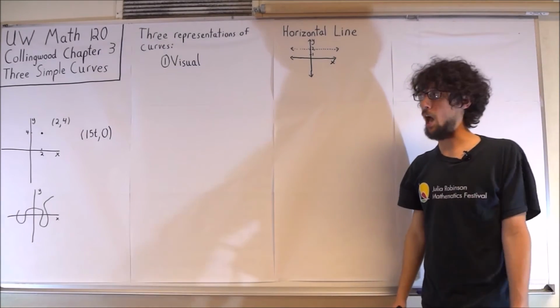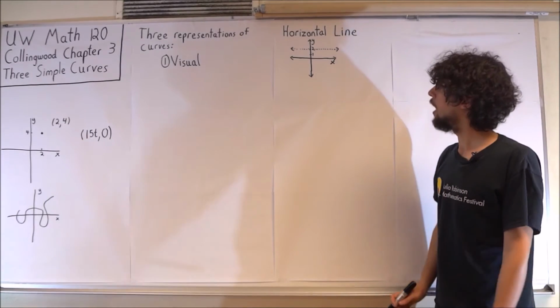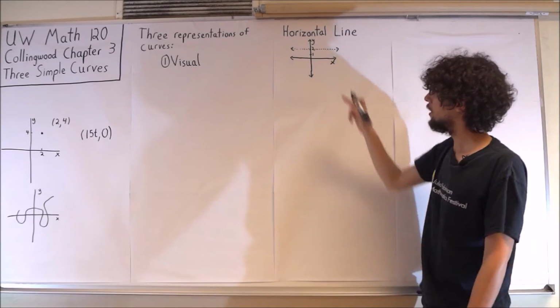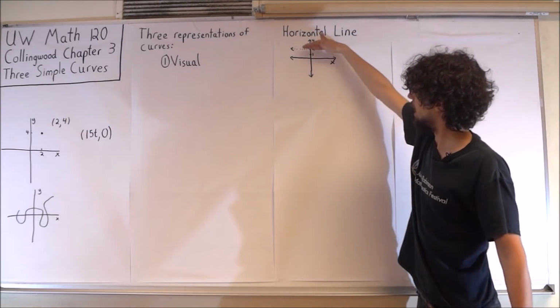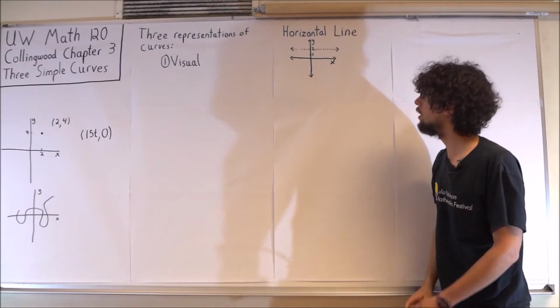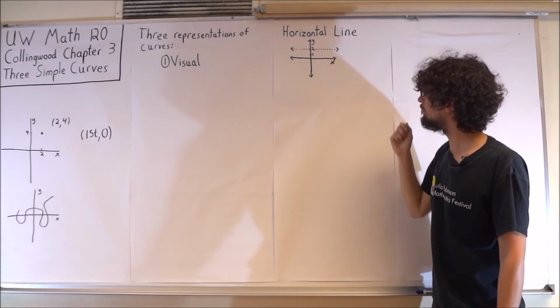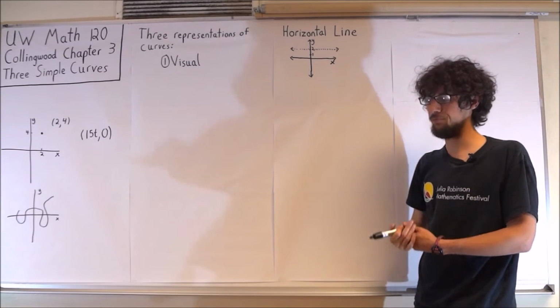So I've drawn my line, including all the bits and pieces, the little details. I have a coordinate system, and I have this line that, well, it's kind of like this. We have a word for that called horizontal. How can I really describe this line?